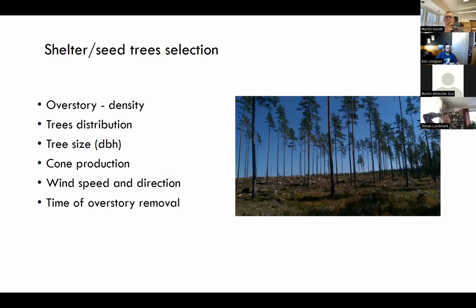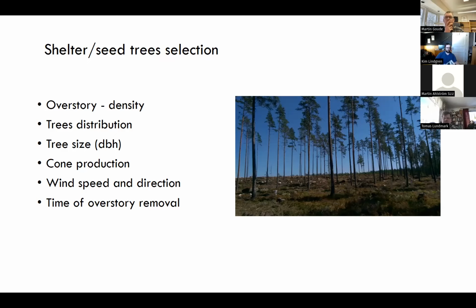And also one way to do it is to look at the crowns and how they are developed, and if they are producing a lot of cones, that could be another indicator of which trees should be retained. And an important factor when conducting natural regeneration is wind speed and wind direction.